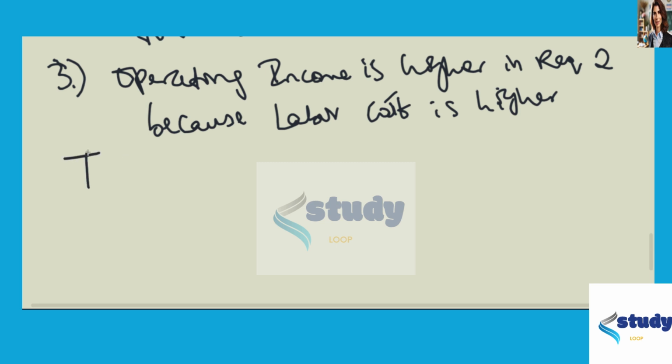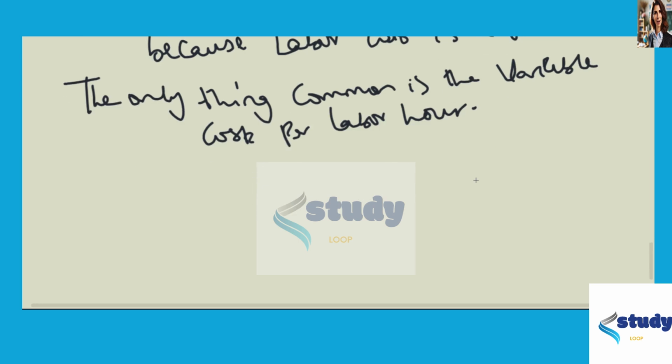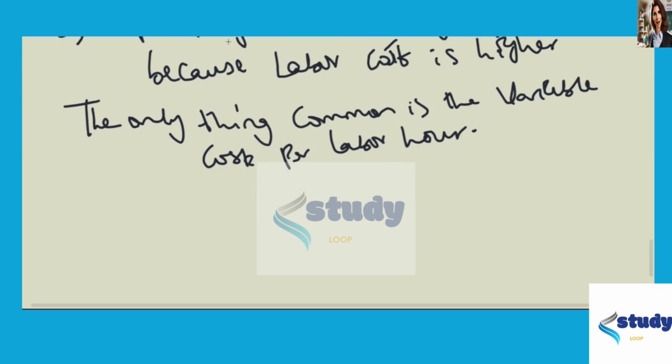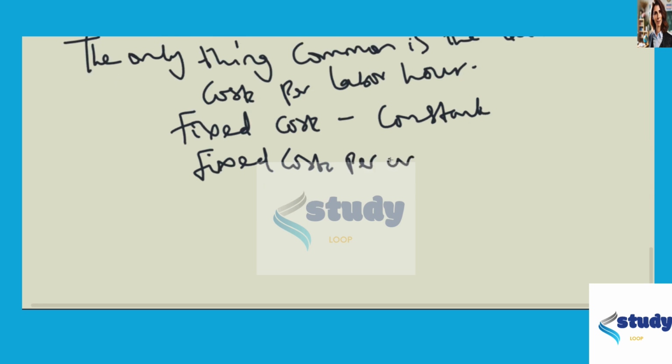So the only thing common is the variable cost per labor hour, and the fixed cost remains constant, but the fixed cost per unit is different. So fixed cost is constant and the fixed cost per unit is different.